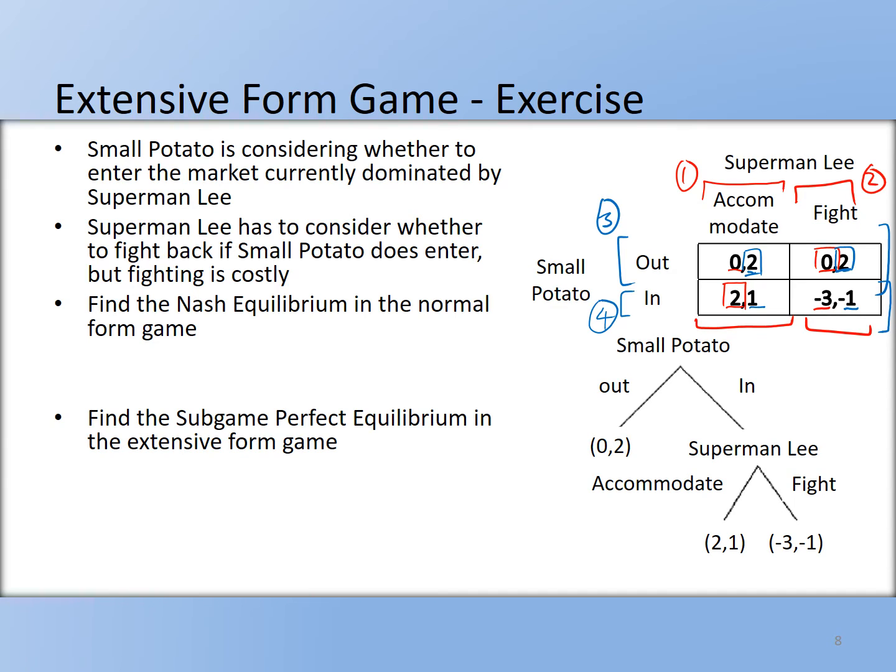Accommodating, which means less profit, but not losing money, and fighting, which means losing money, because this is a price war, so he's going to lose money by fighting. So he would rather not fight. So, in the end, you have these 2 possibilities. One is Small Potato comes in, Superman Lee accommodates, or the other case is Superman Lee fights and Small Potato stays out, right?